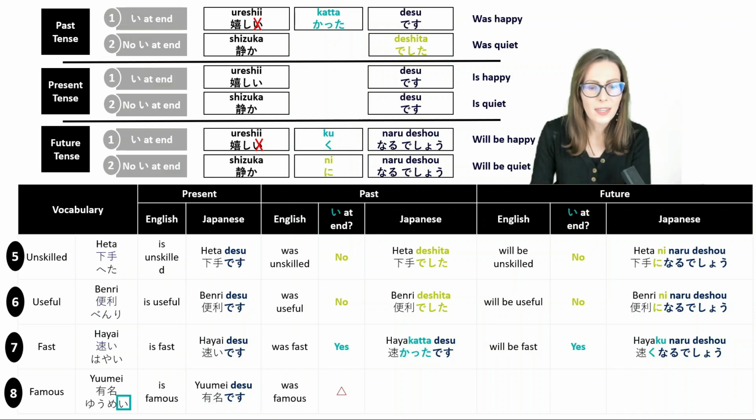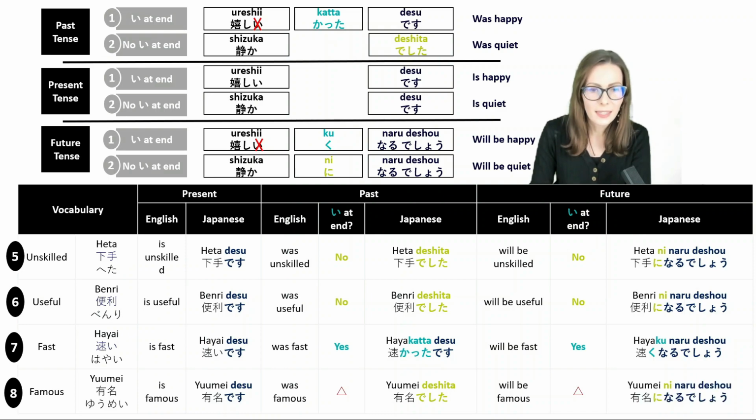So if you want to say was famous, it would be 有名でした. It would not be 有名かったです. Okay? And the same applies for the future. If you want to say will be famous, even if it has that hiragana I at the end, it would be 有名になるでしょう. It will not become 有名くなるでしょう.